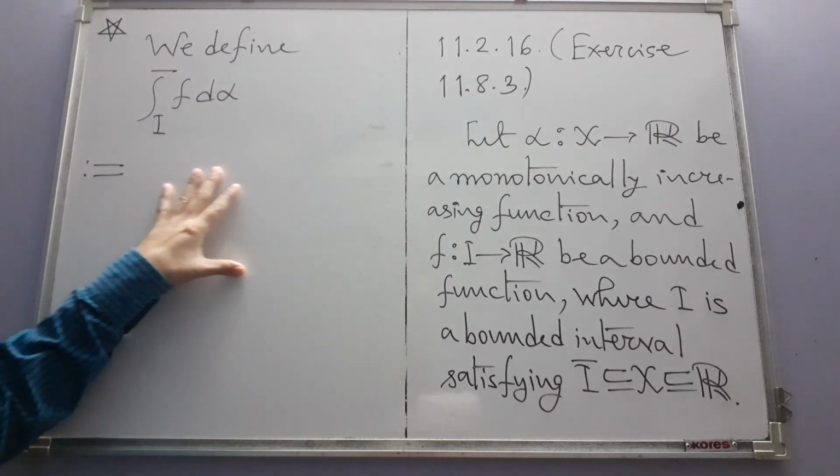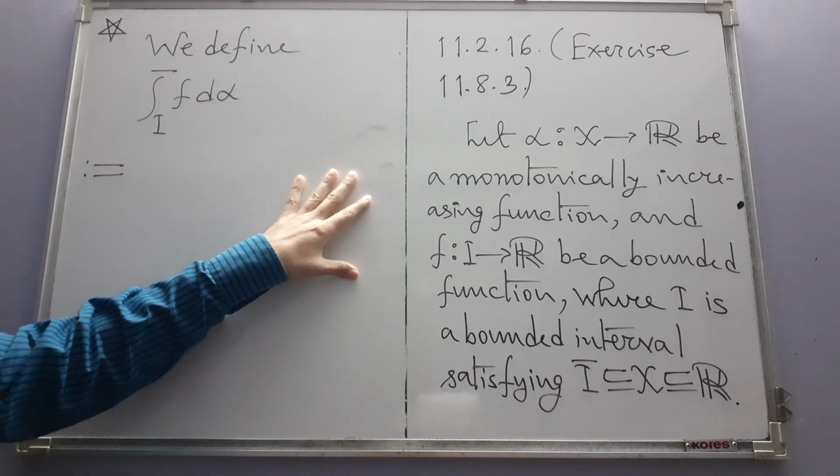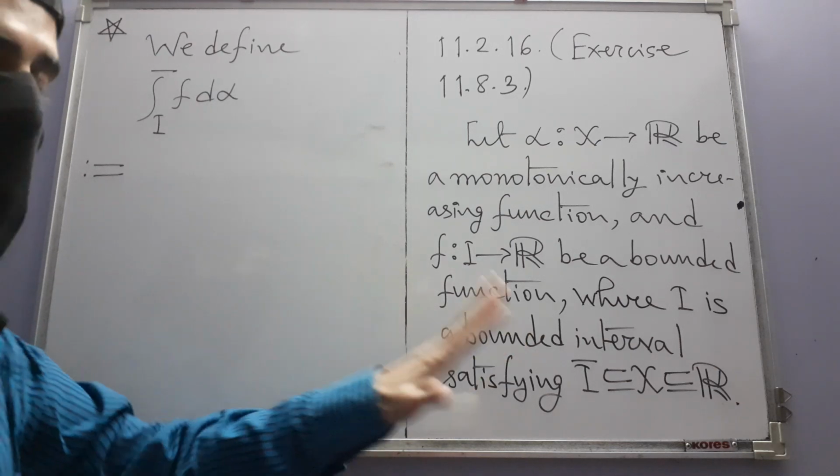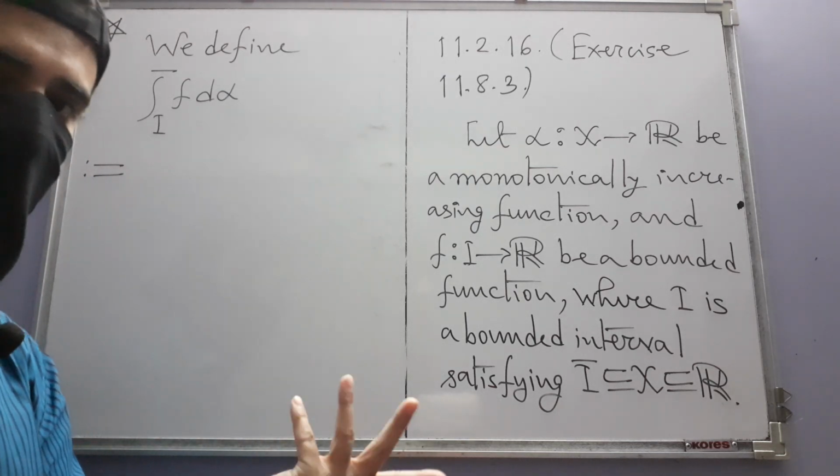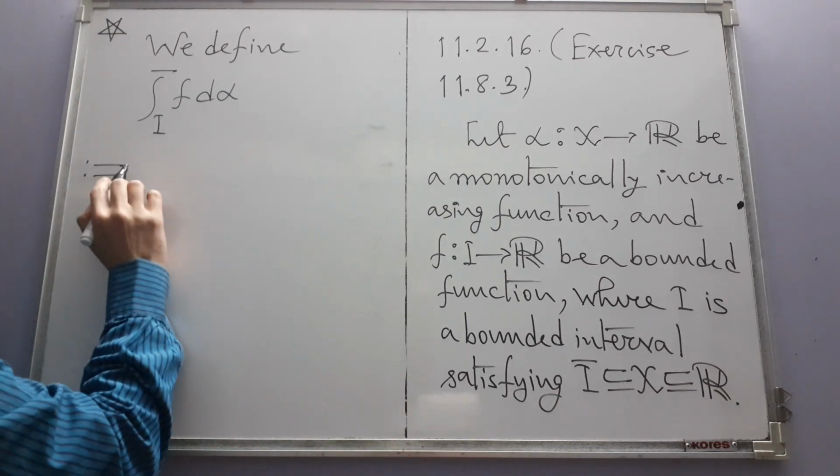An exactly similar thing we are going to have here, but instead of the ordinary PC integral, we are going to have the PC Riemann-Stieltjes integral. That's the only difference.